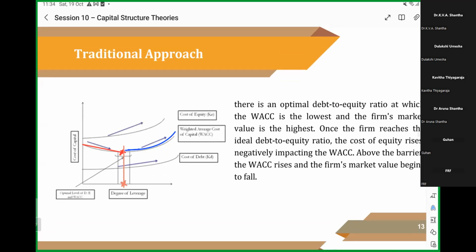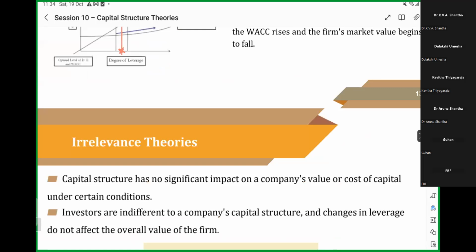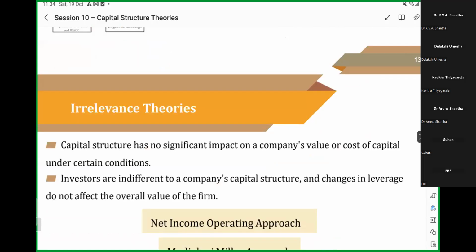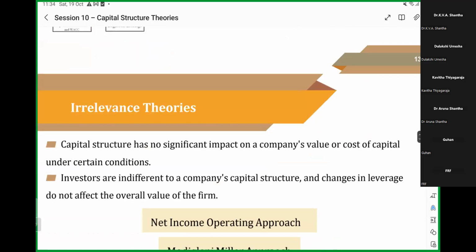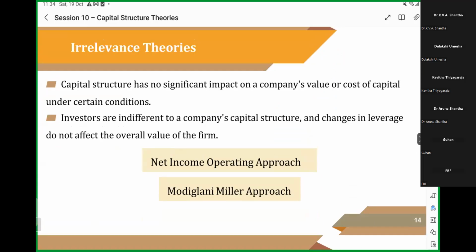Right. But there are some theories called capital structure irrelevance theory, like Modigliani-Miller approach, net operating income approach. It says capital structure has no impact on firm value.